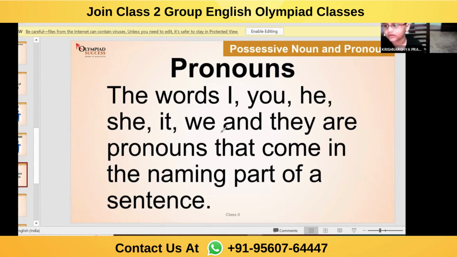We say it is a cow. Why? We know that cow is a female. But for animals, we mostly use it. If you use she, there is nothing wrong with it because we know that she is a female. We can use she either, but in the books and all, they prefer it. Okay, ma'am, got it.